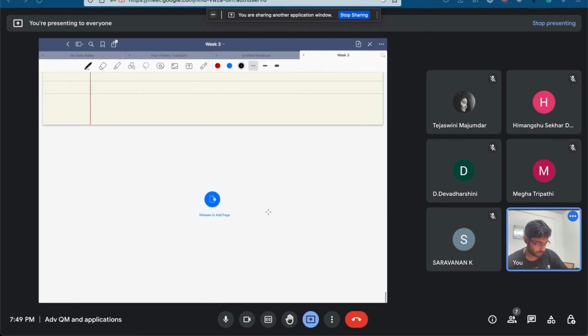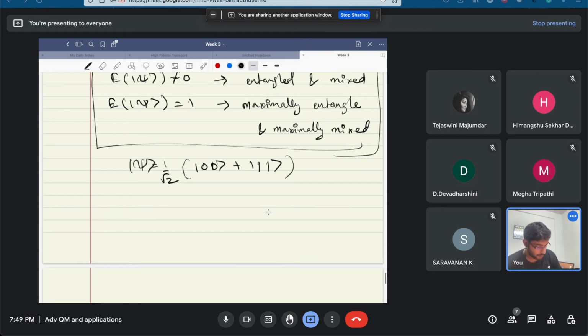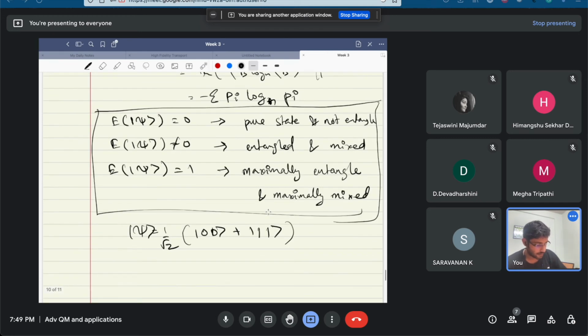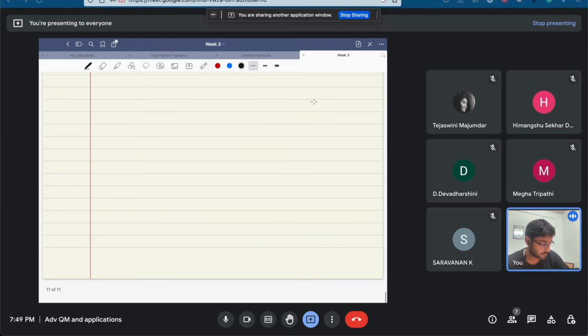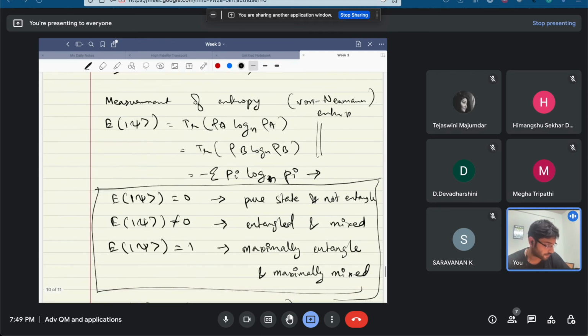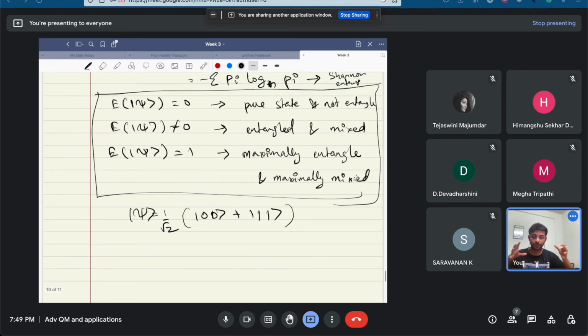This formula is also very important. This is called the Shannon entropy, which is very famous in quantum information. It means that for the diagonal terms, you take the probability of the diagonal terms and sum over them. So here, for E of psi, you have 1 by root 2 and all 0.